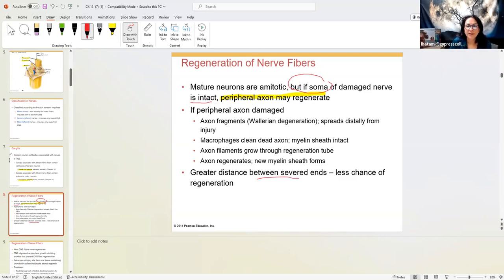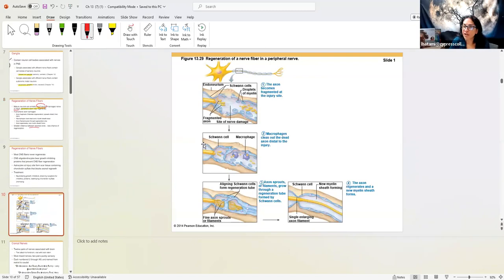Okay, but let's see how this regeneration is going to happen. This is the process of regeneration of the nerve fiber. The first thing that happens, when the axon is damaged and the cell body is intact, is that the axon becomes fragmented at the injury site, which we call Wallerian degeneration.